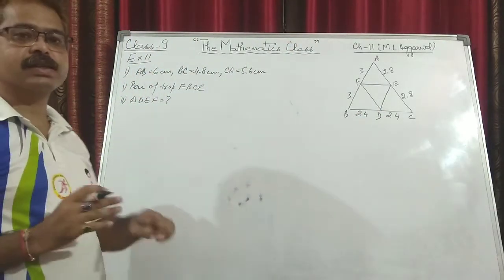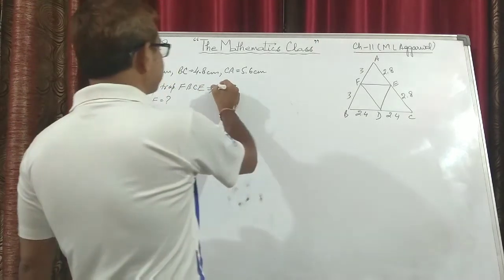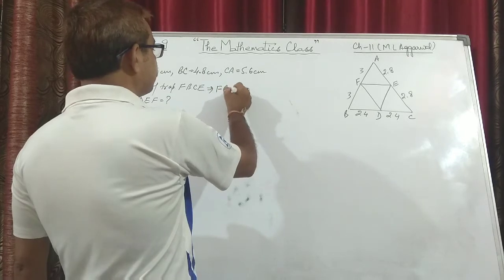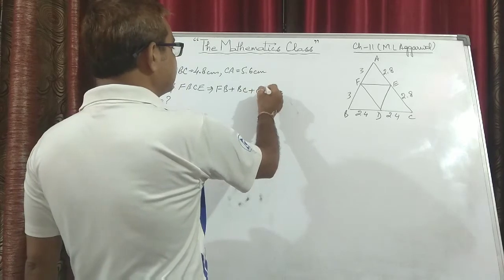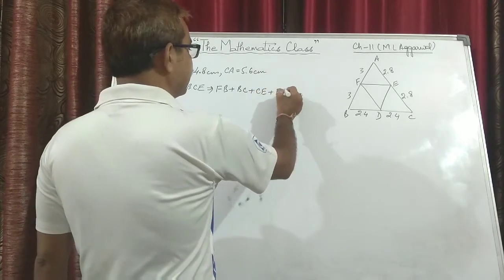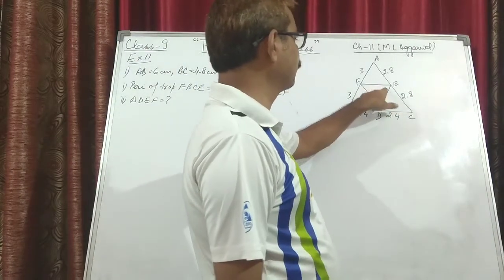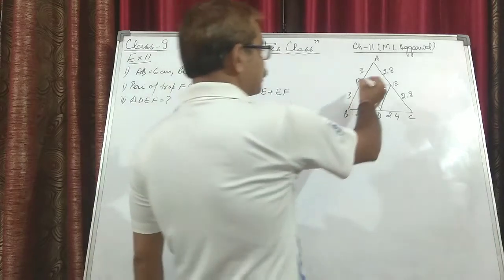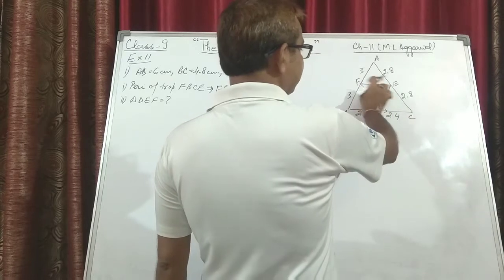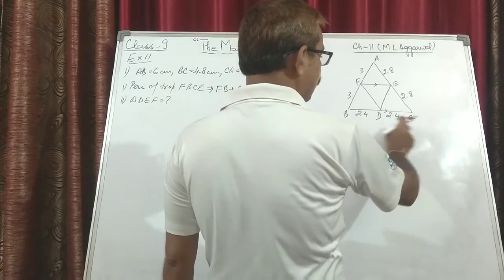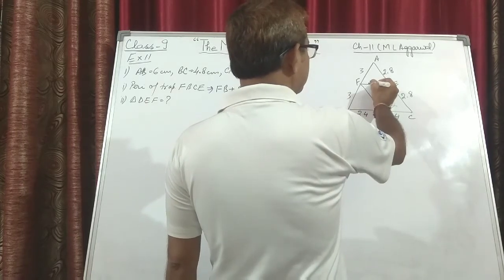What is the meaning of perimeter? Sum of the boundaries. It means it will be FB plus BC plus CE plus EF. We know FB, we know BC, we know CE, but we don't know FE. According to the midpoint theorem, FE will be half of BC, and total BC is 4.8, so FE will be 2.4.